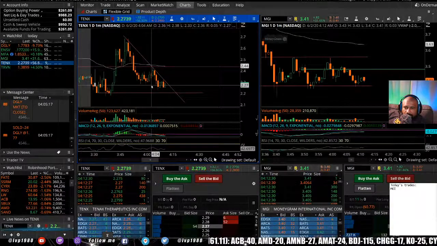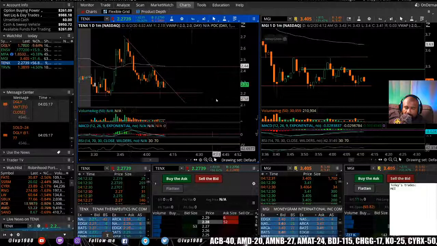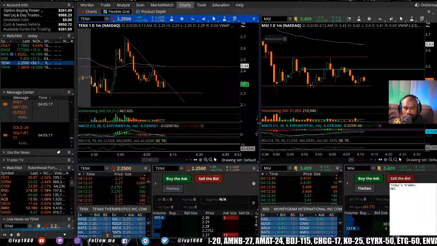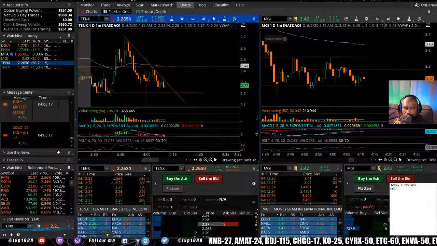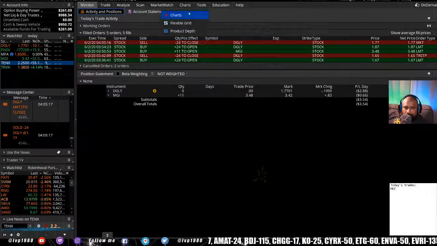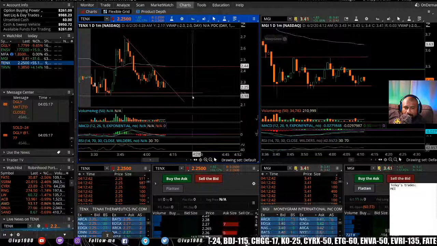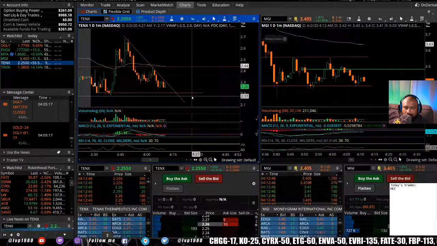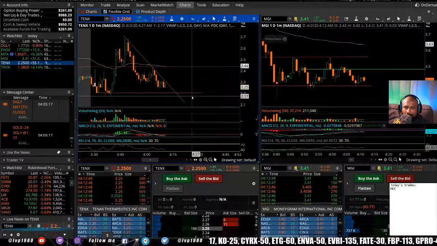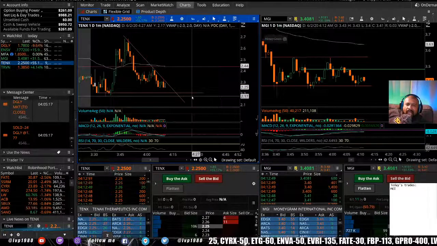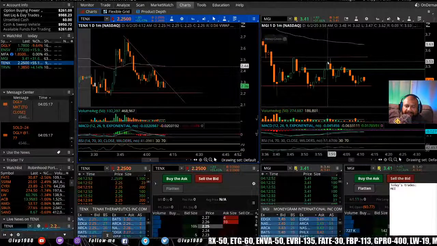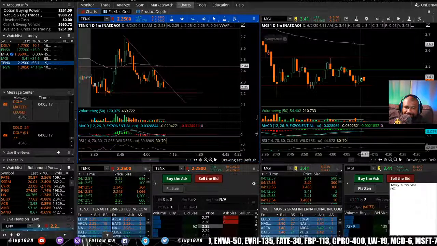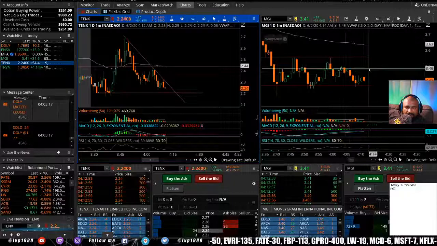I'm feeling the frustration of losing back to back. Down, lower, lower. Might not even make it back to green.